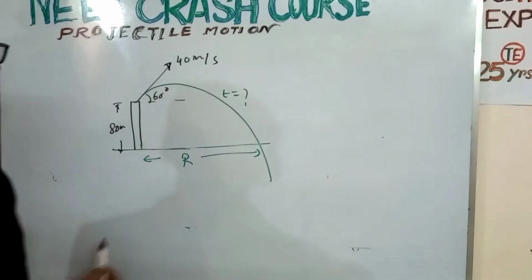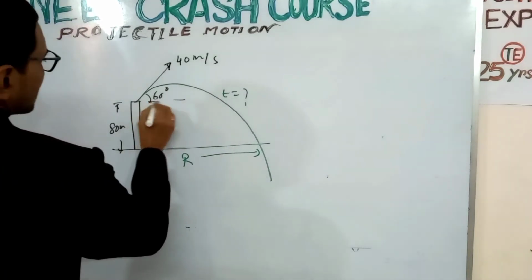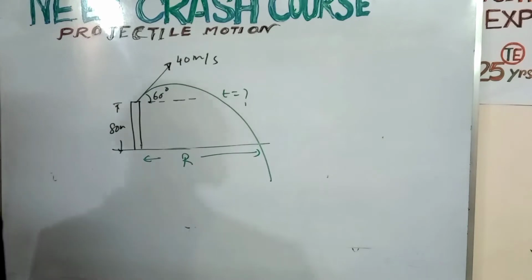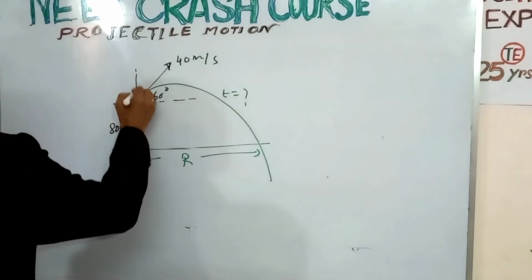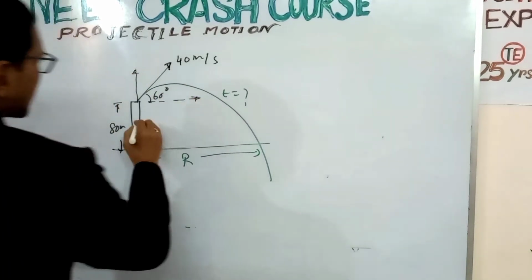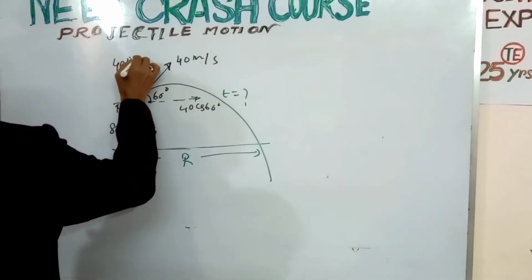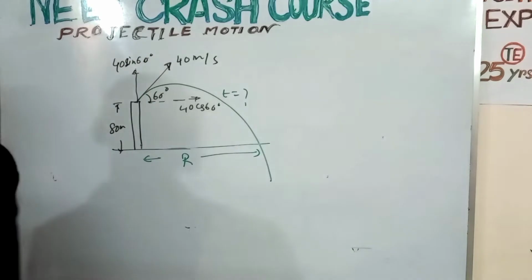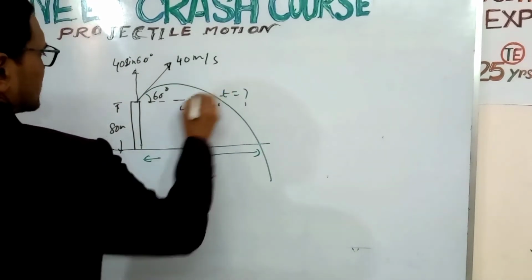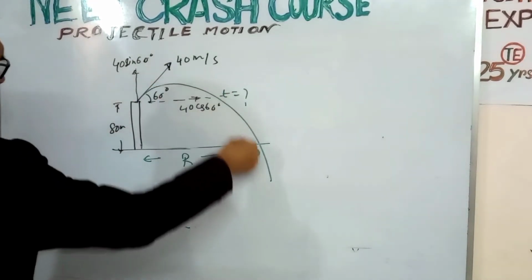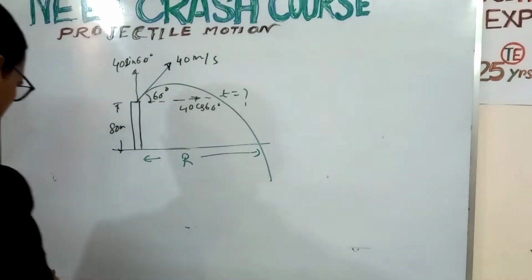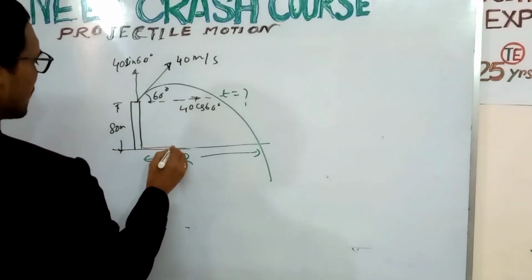Now to solve more easily and by a short process, we first resolve the velocity along two directions, 40 cos 60 degree, 40 sin 60 degree. So the body moves in this way. Now we know in projectile motion the horizontal component remains same.